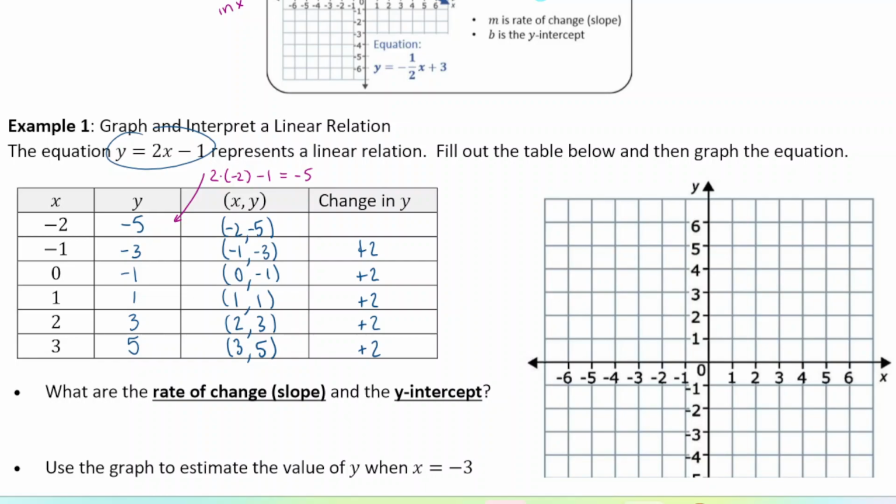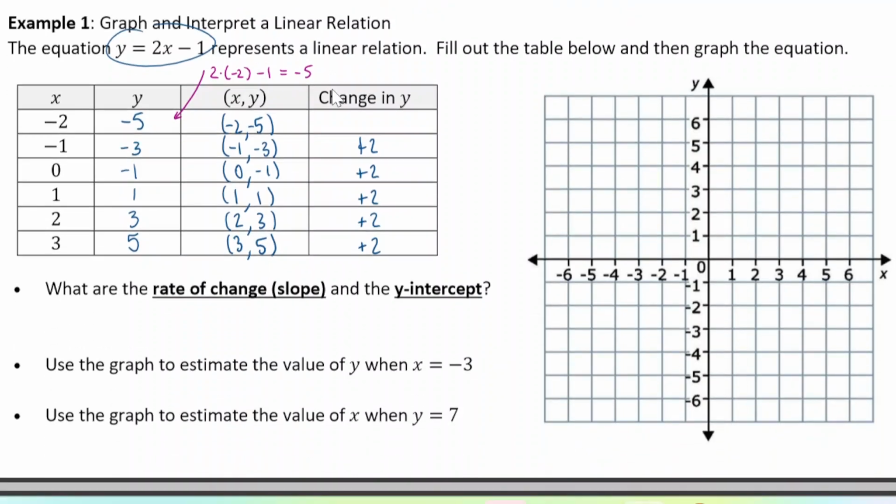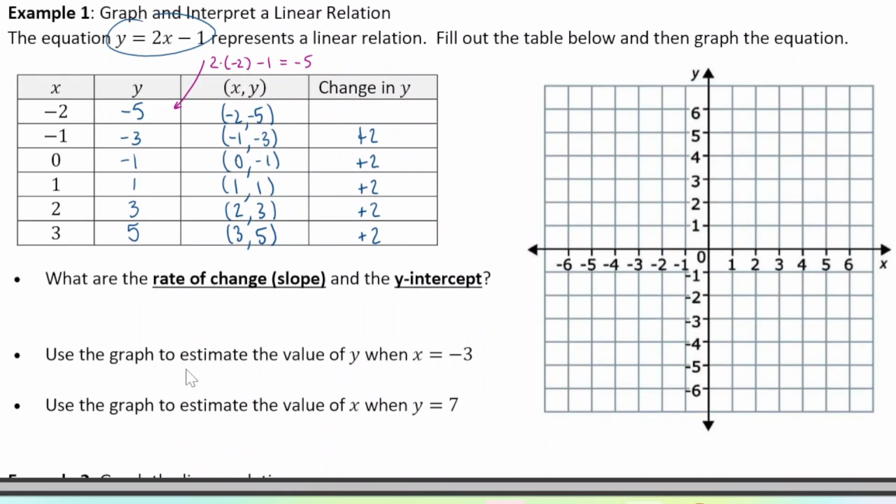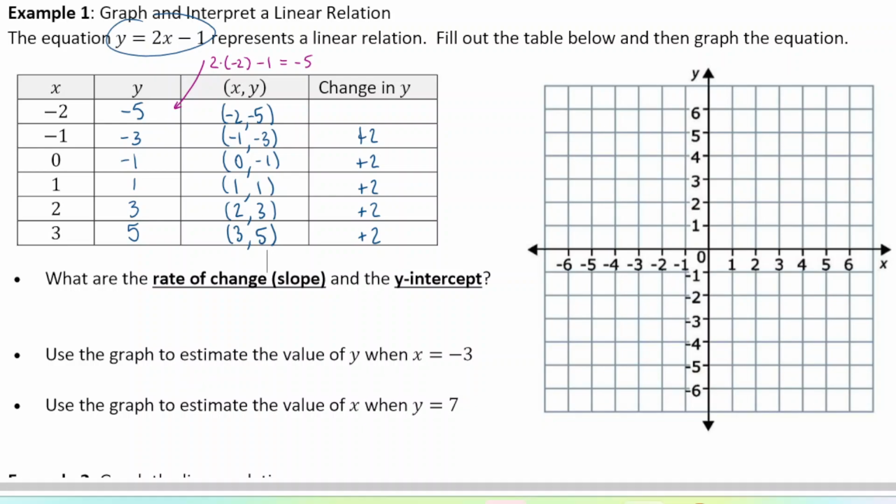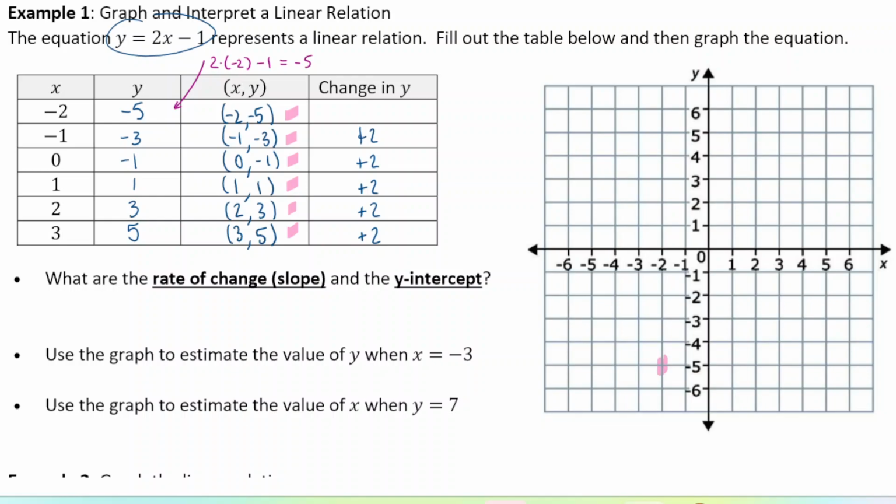Okay, so let's go ahead and plot that graph. So I'm just going to simply plot all of these points here. I'm going to start with negative 2, negative 5. So the first number is the x, the second number is the y. There we go. Negative 1, negative 3.